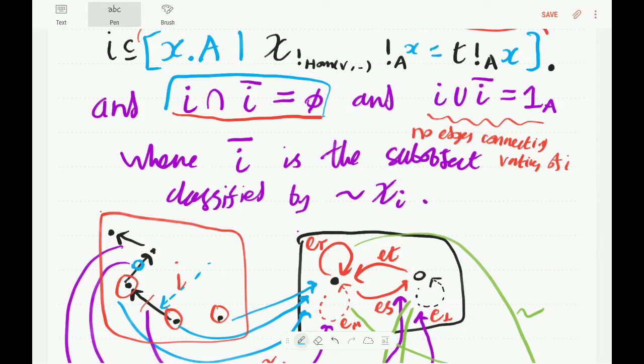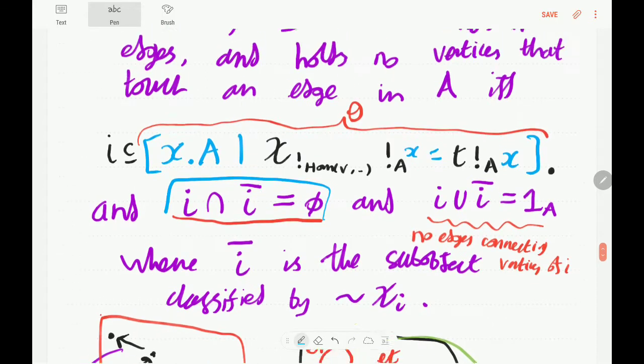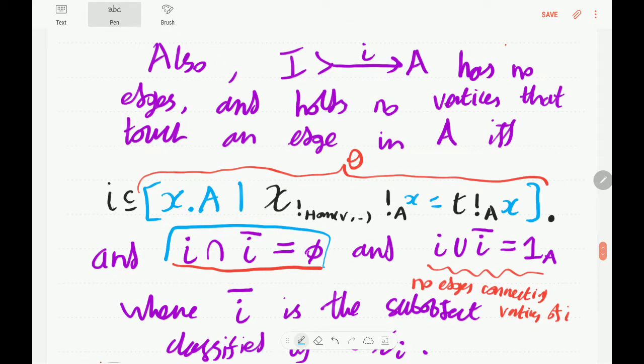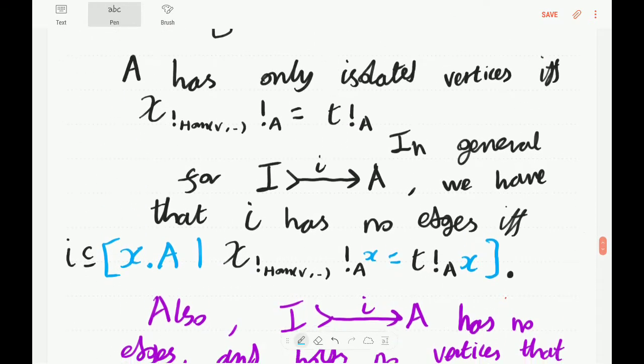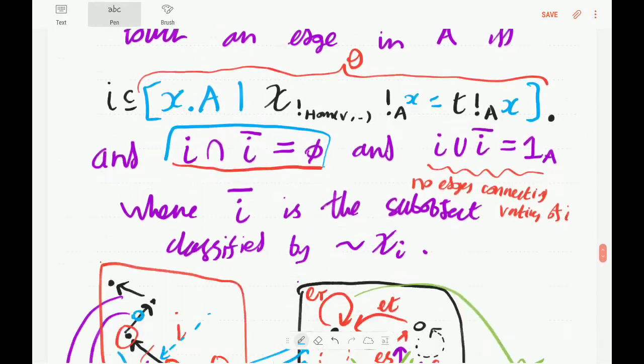So this is probably all we need. But this one extra condition won't hurt. But anyway, we have these conditions basically, which are the conditions for I to be a subobject of A, only consisting of isolated vertices.